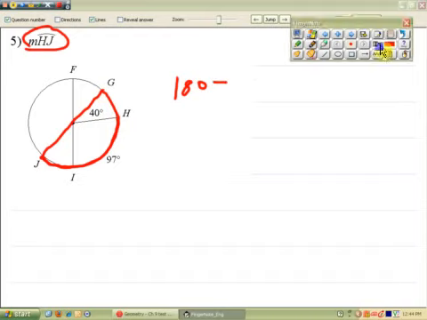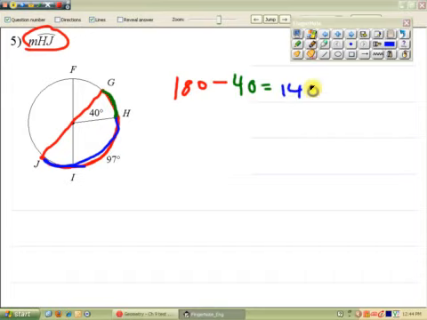If I subtract the green arc from 180, that will leave me with the HJ arc, which is what I'm looking for as the answer. And that answer then is 140.